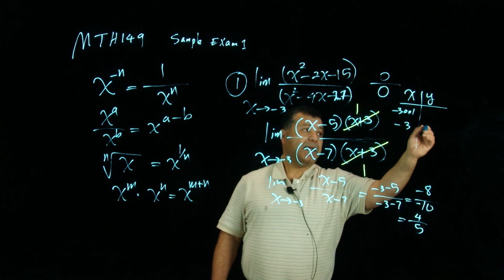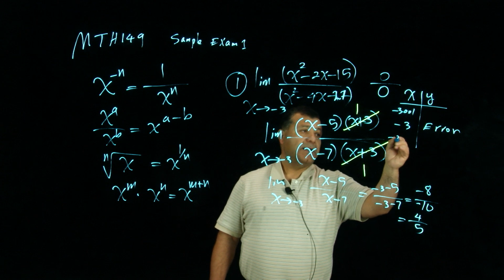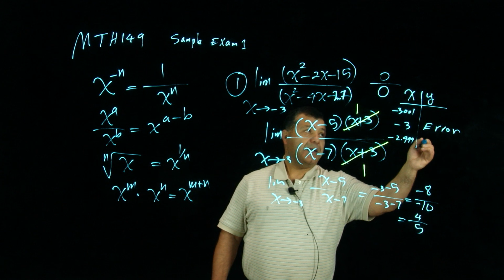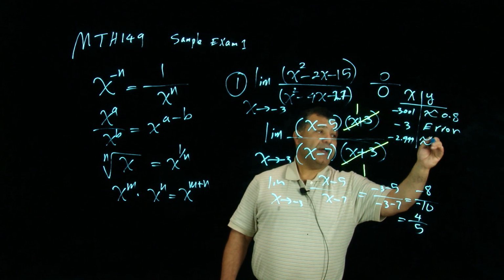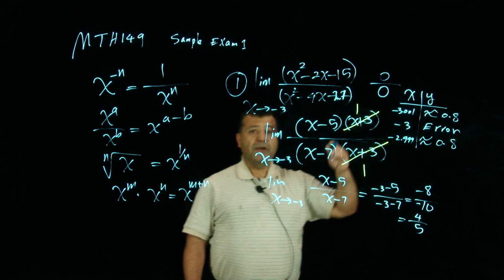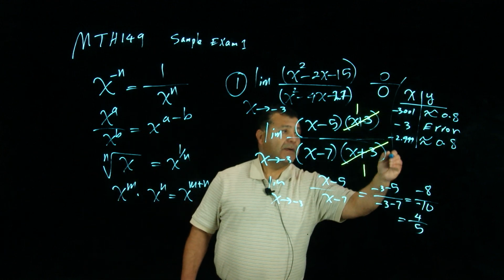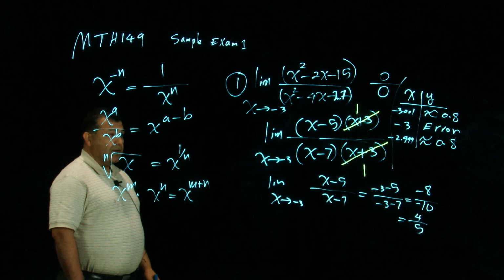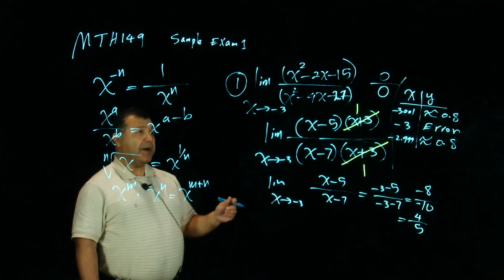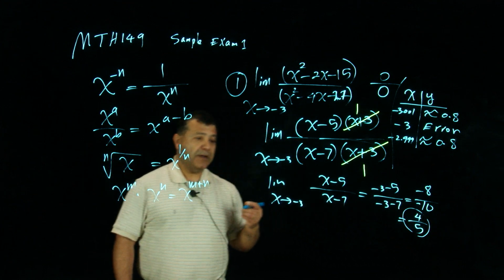We know right at negative 3, you're going to get an error on your calculator because it's undefined, and negative 2.99. In both cases, the left and right limit gives you the y value of 0.8.